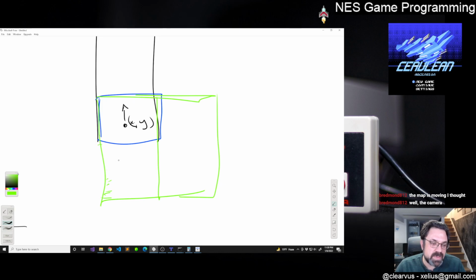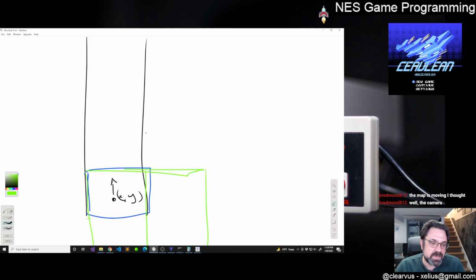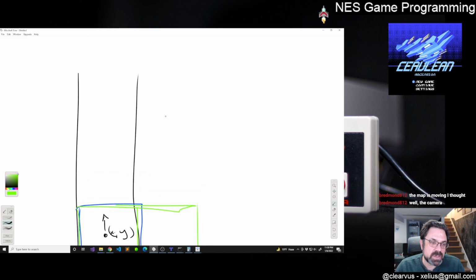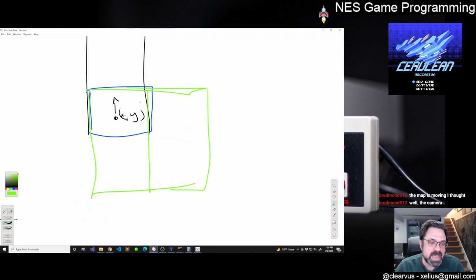And in the background, we're tracking the player position over the map as if this whole real long map existed, but all we can represent in the NES and in memory is just this small little portion of it that we're actually drawing on screen.